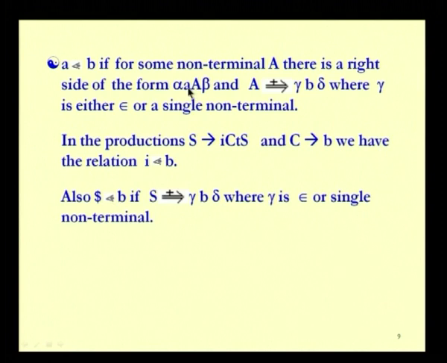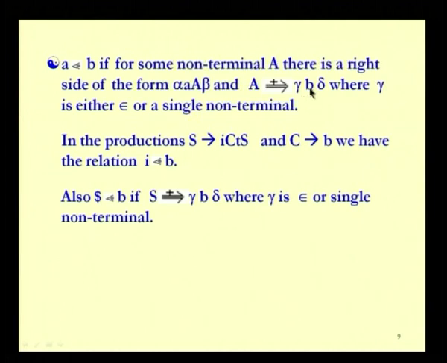So, what should be done here? We have capital A. As far as capital A is concerned, definitely it will be having a production or a derivation. So, what is the derivation? A derives in one or more number of steps some gamma followed by b followed by delta. That means, you have to find out all possible derivations of this A, where your gamma is epsilon or a single non-terminal.